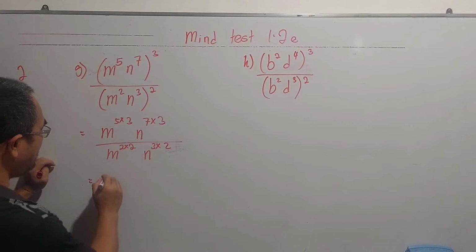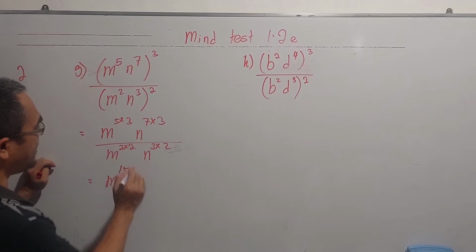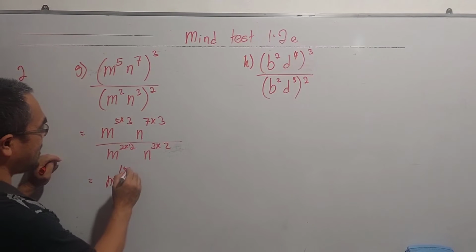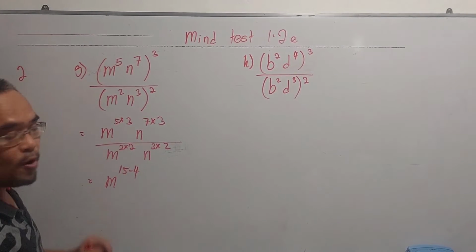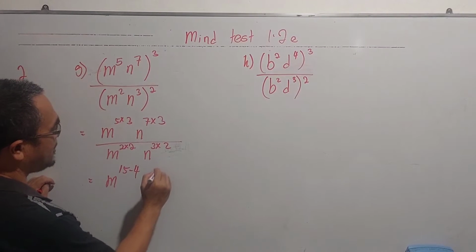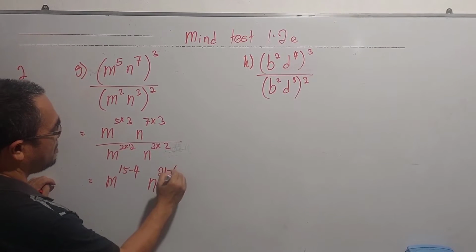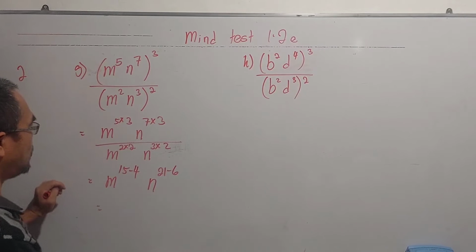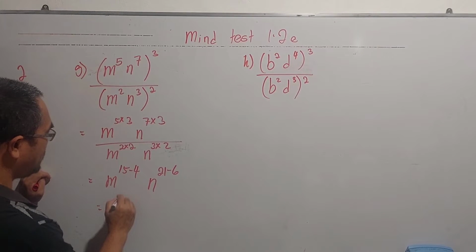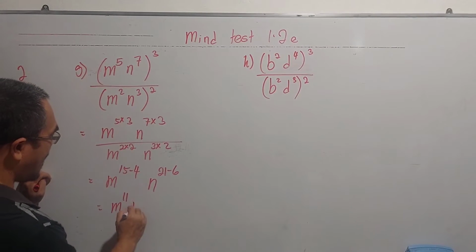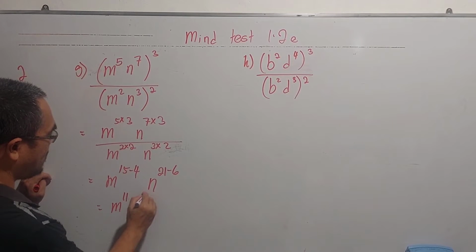So we have M to the power of 15, and because this is division, minus 4, and then N power of 21 minus 6. So we have M power of 11, N to the power of 15.